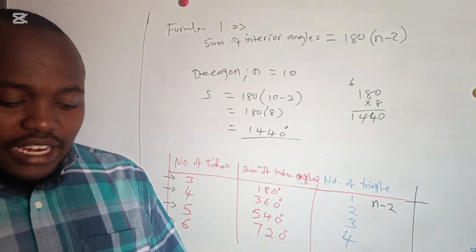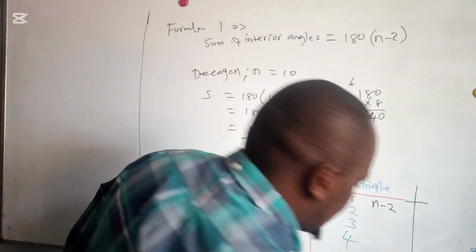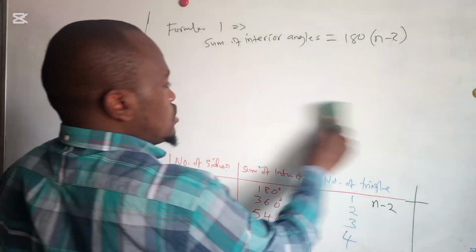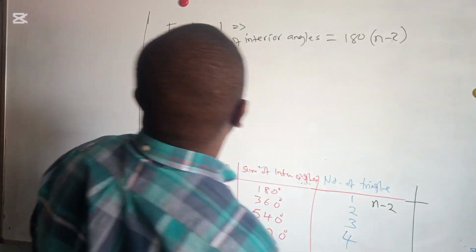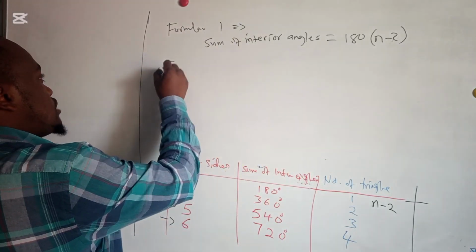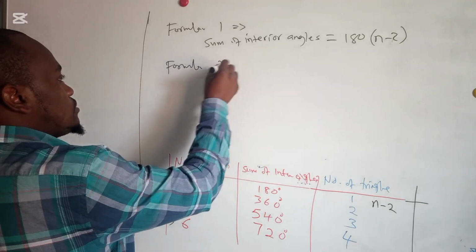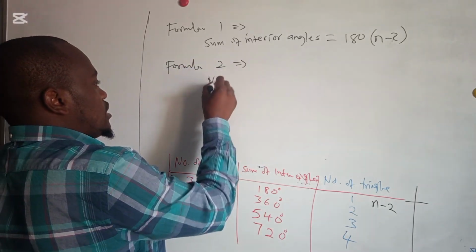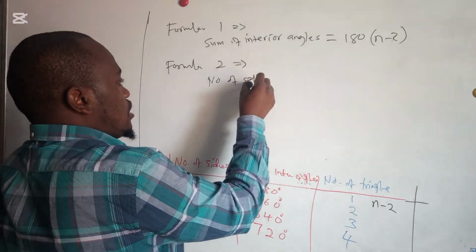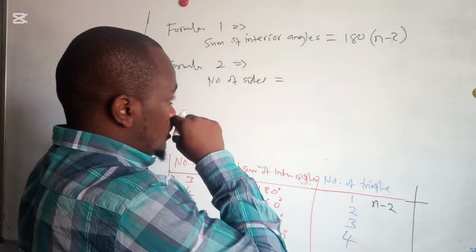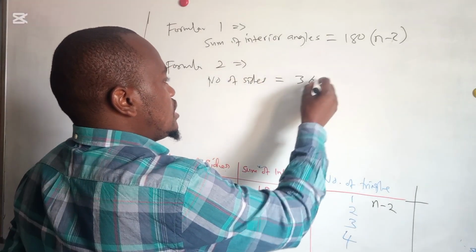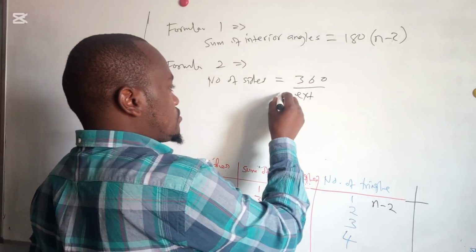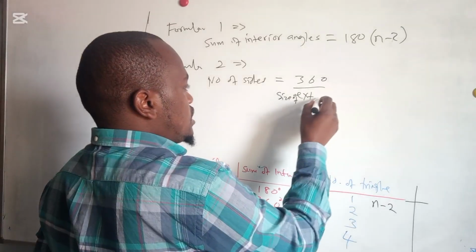Now let us go to another interesting relationship. The second formula here. So we are going to write the formula, then we are going to demonstrate. So formula 2 is that the number of sides of a regular polygon is given by 360 divided by the size of the exterior angle.